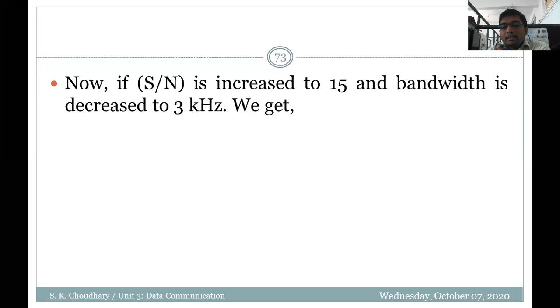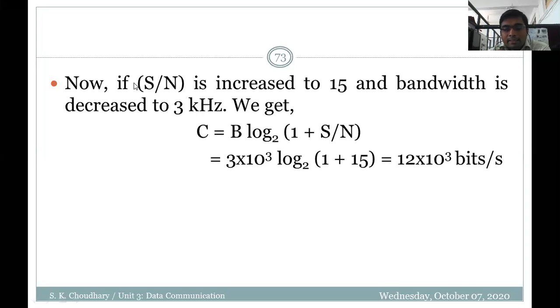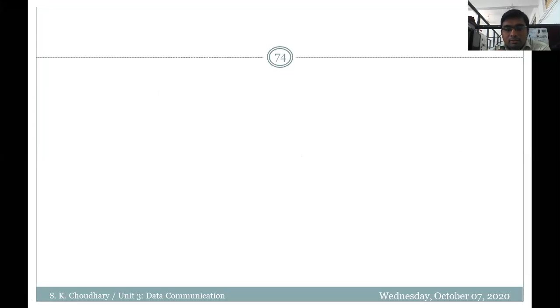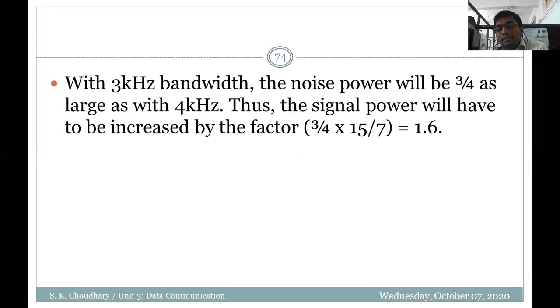And SNR is increased by more than 2 times. So what is the channel capacity now? Same, 12,000. Same value. So what we have seen is that even though we decreased the bandwidth and increased SNR, the channel capacity remains constant. So now what is the relationship here?